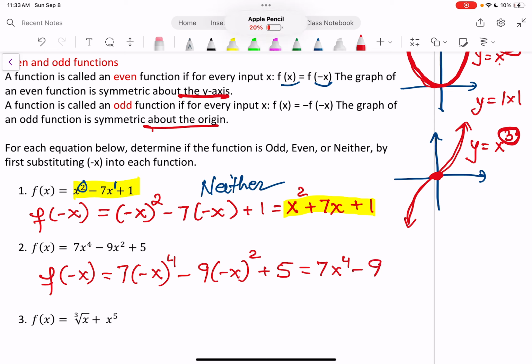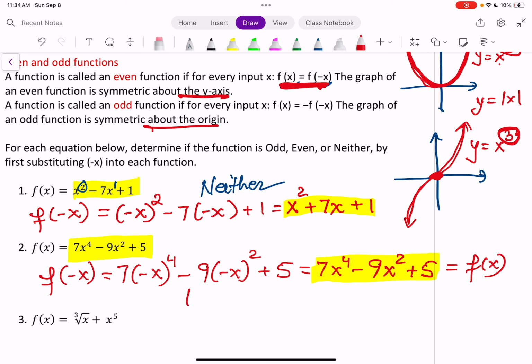Same thing, a negative to a second power is a positive. And the 5, by the way, is a power of 0 for x. And when you look at it, it's exactly the same as your original function. Which means, when it's exactly the same as the original function, this is an even function. Its graph, when I'm going to graph it, will be symmetrical about the y-axis.